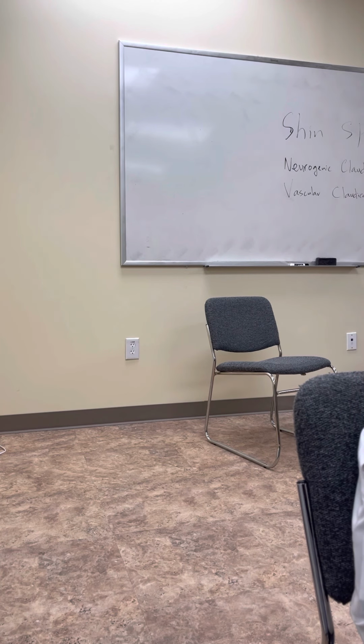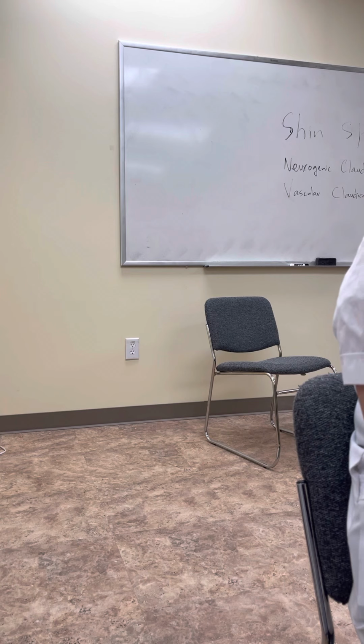Between C7 and C6 or between C7 and T1? So if this is narrowing, is it going vertically or obliquely for this point? Perpendicular. But it doesn't go too deep. So a little bit. Half inch.